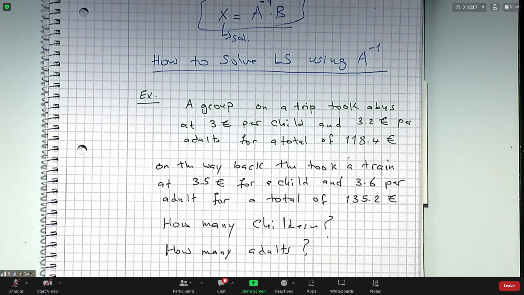Anyone can say or write what is the next step, the first step. What would you do? No idea? There we have very few online.